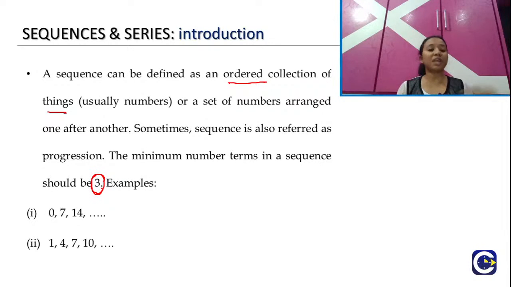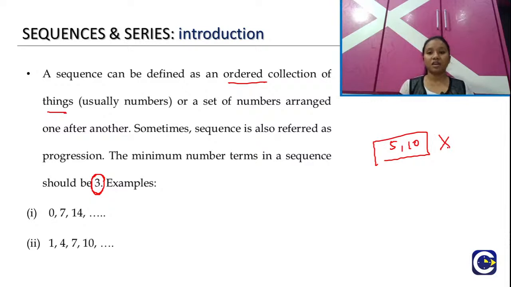So maximum can be any number, right? It can go until infinity, but still when we are talking about sequence, there should be a minimum. If I'm writing some 5 comma 10 and I'll be calling this to be a sequence, whether it's right or wrong, it's absolutely wrong, right?